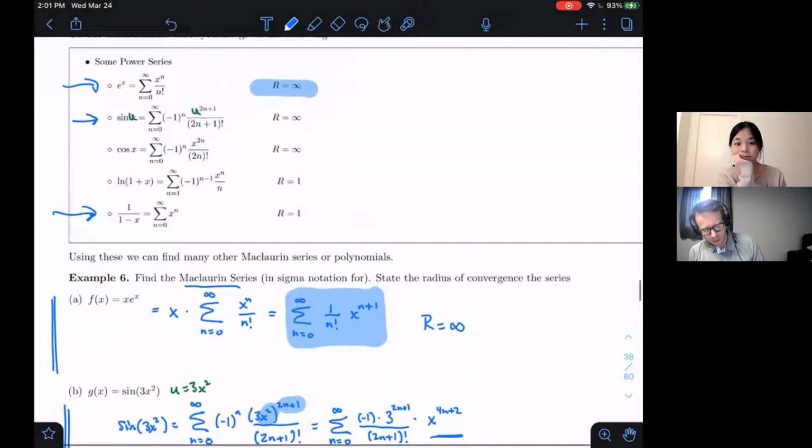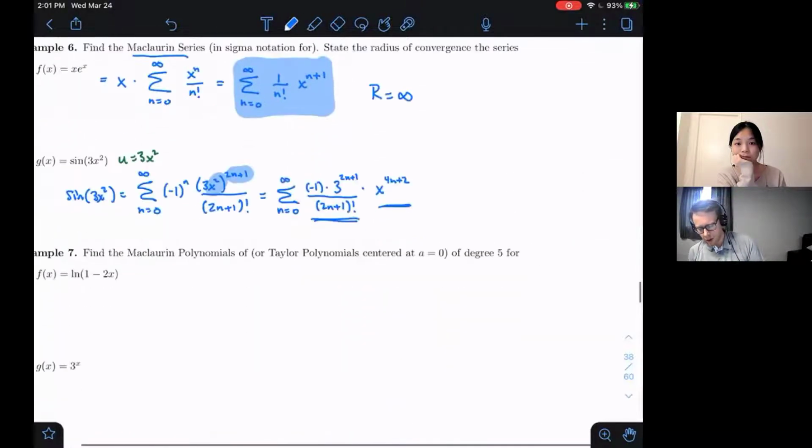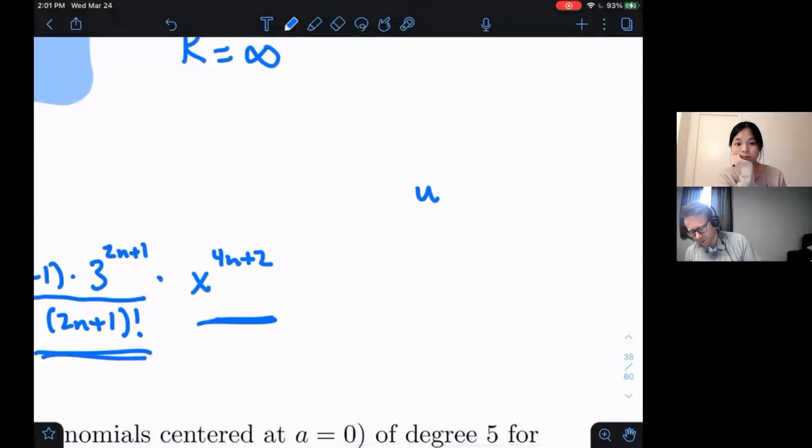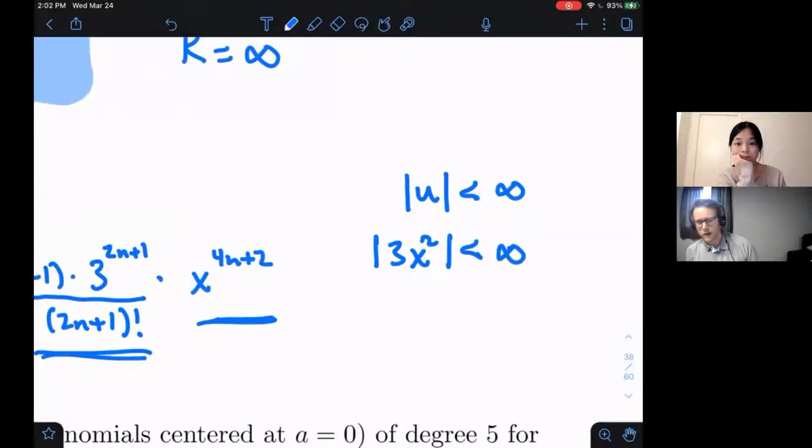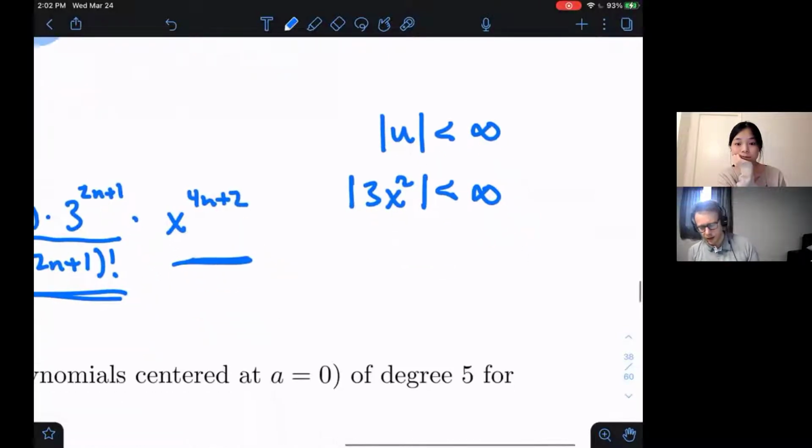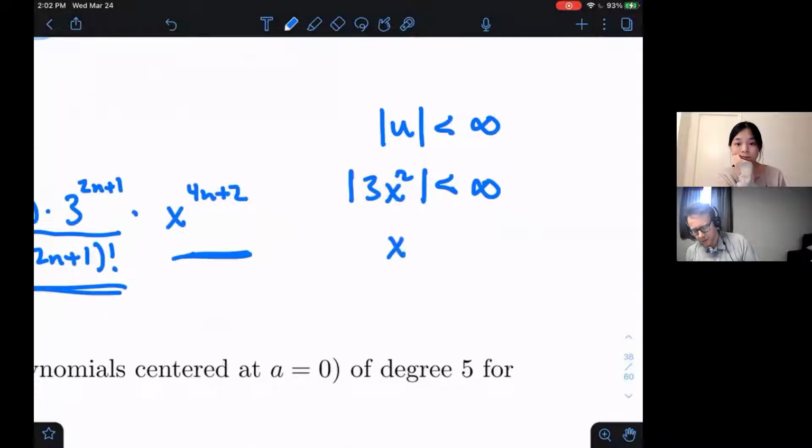And just as before, we had a radius of convergence of infinity for sine. And so here my u, we can take really infinitely many steps away from the origin, or x equals 0, or u equals 0 in this case. And so if we substitute in our specific u, 3x squared, well, we can divide by 3.